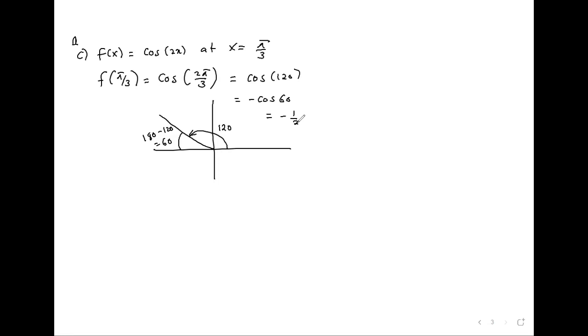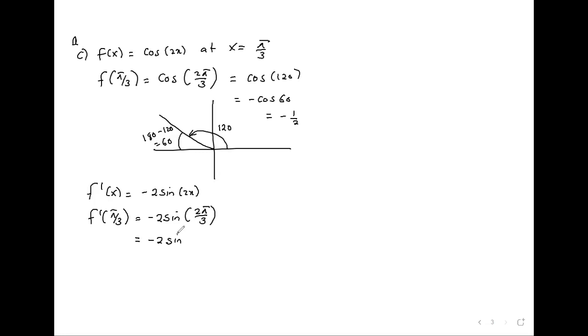So when you get negative half, then we go to the first derivative. We differentiate and we'll get -2 sine 2x. And then we evaluate at pi over 3. We get -2 sine 2 pi over 3, which is equal to -2 sine, this is again 120.